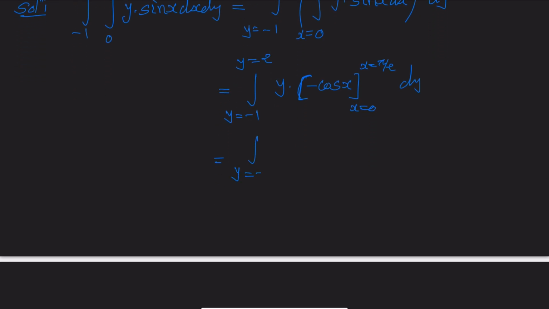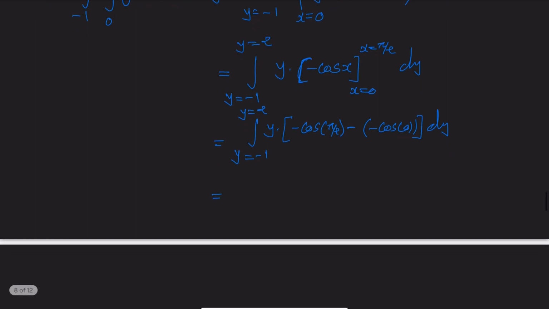So this is y equal to -1 to y equal to 2, y into minus cos pi by 2 minus, for the lower limit, minus cos 0, dy.